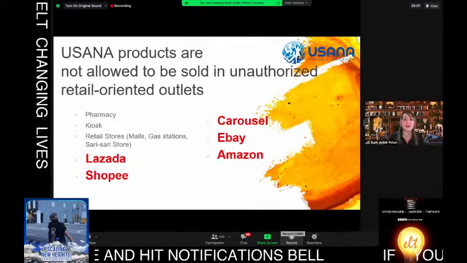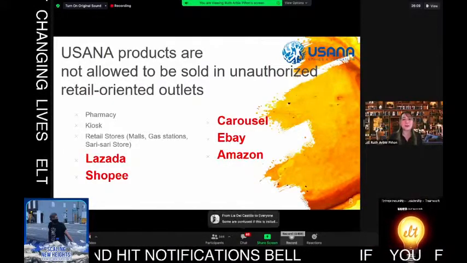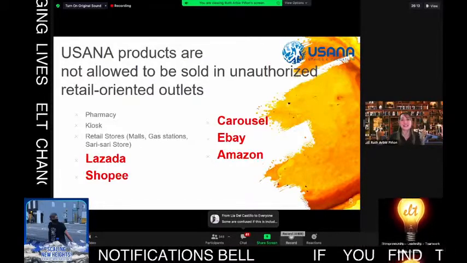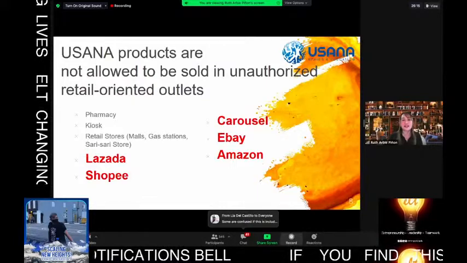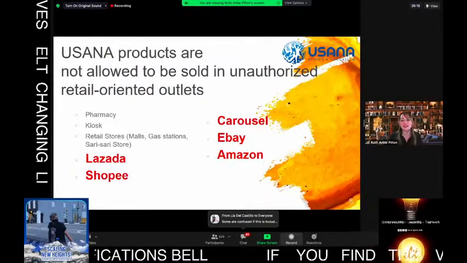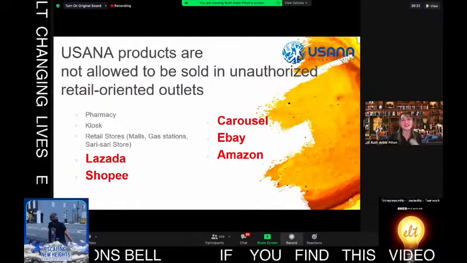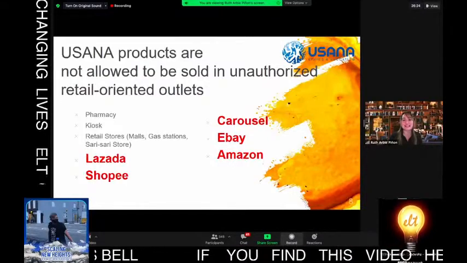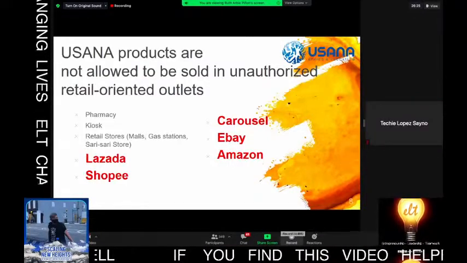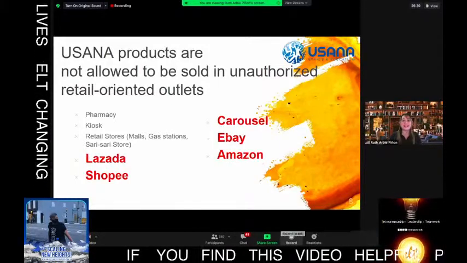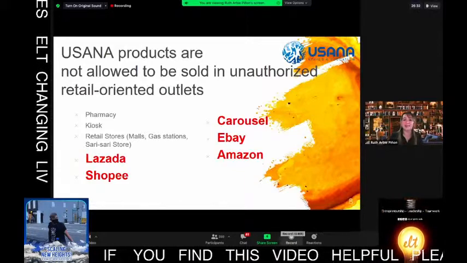And most importantly, we should not sell our products in those unauthorized online selling sites such as Lazada, Shopee, Carousel, eBay, Amazon. So please do not attempt to sell your products on these online sites because there will be a sanction if we found that your products are being sold in any of these online buying sites.